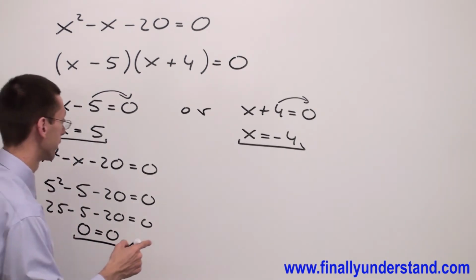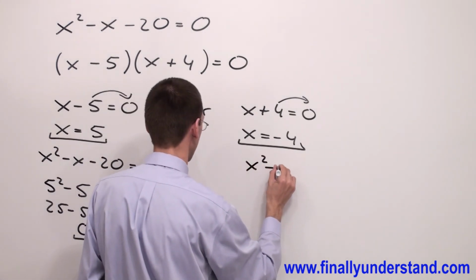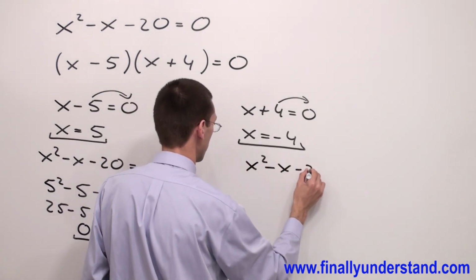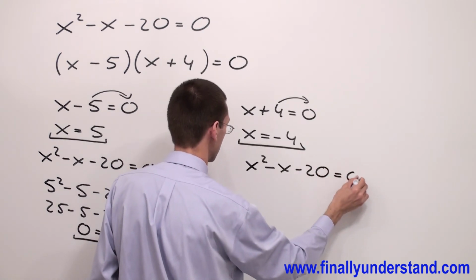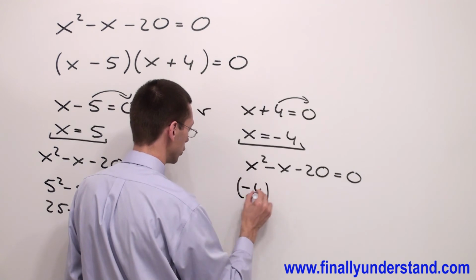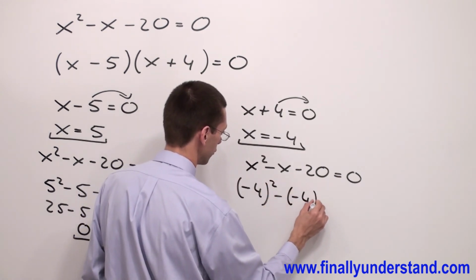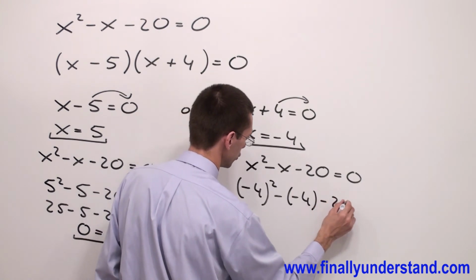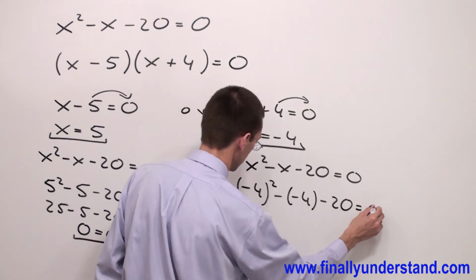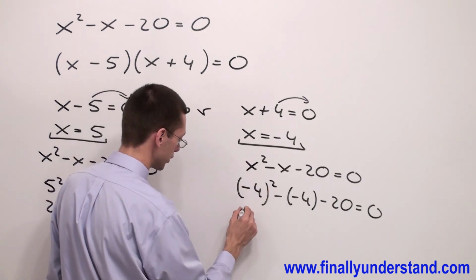Let's check the other one. We have again the original equation x squared minus x minus 20 is equal to 0. Negative 4 to the second power minus negative 4 minus 20 is equal to 0. Negative 4 to the second power is equal to 16.